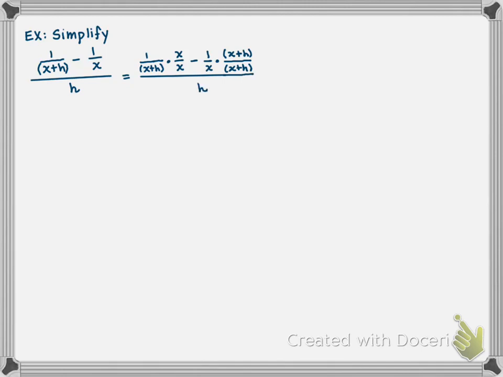And then again, that h is just coming along for the ride. So then in the numerator, we have 1 times x, which is x, minus 1 times x plus h, over x times x plus h, and then all of that is over h.